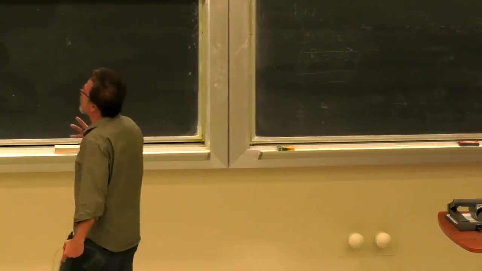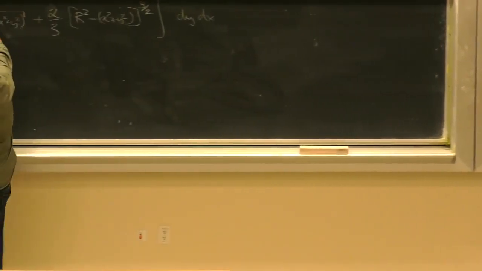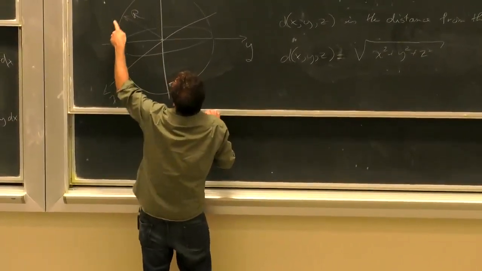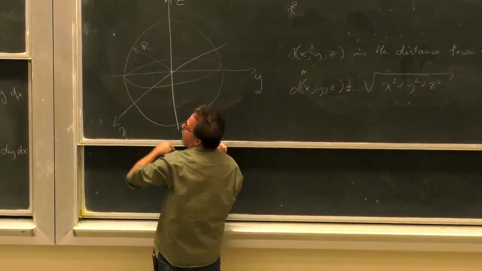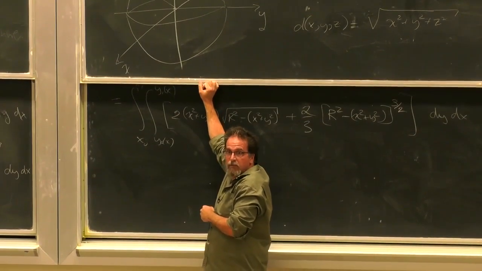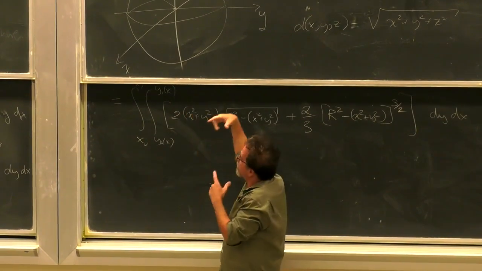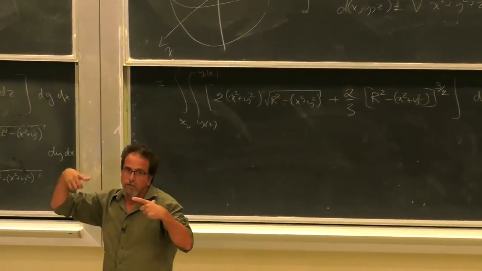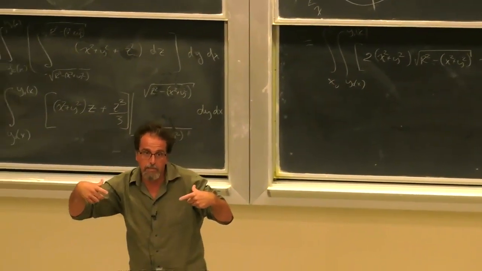Well, the boundary, the y max, occurs where z top intersects z bottom. That's the curve that describes the boundary of the shape in the xy space.